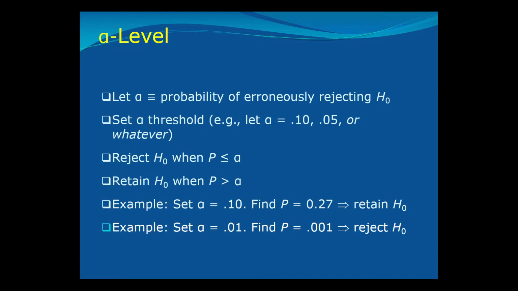If we set alpha to 0.01 and the p-value equals 0.001, there is enough evidence to reject the null hypothesis.